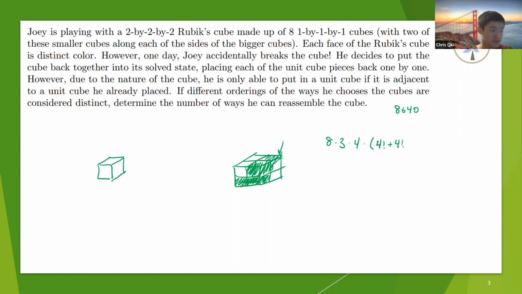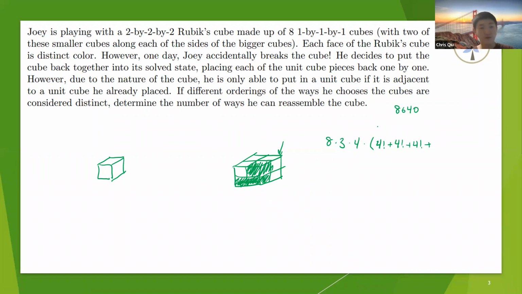If he chooses this cube next to reassemble, all the other 1 by 1 by 1 cubes are already adjacent to at least one of these cubes he has already assembled. And so he can reassemble these cubes in any order. So that's going to give us another 4 factorial. And he can also assemble the cube behind this one. That's going to give us another 4 factorial, because all of the cubes in the 2 by 2 are adjacent to at least one of these 4 cubes that we've already assembled.